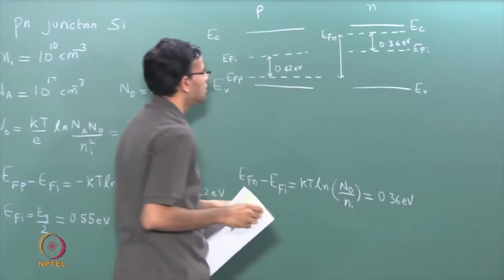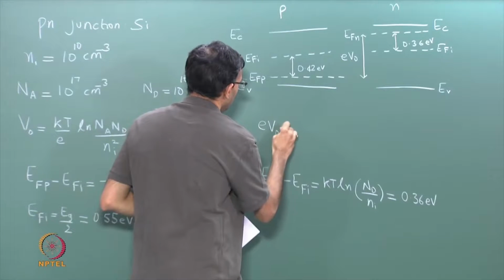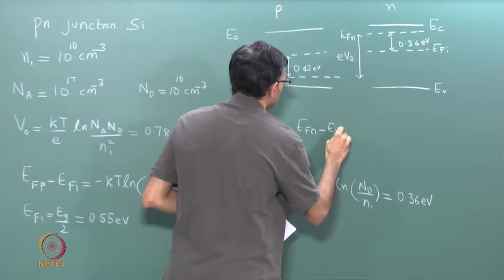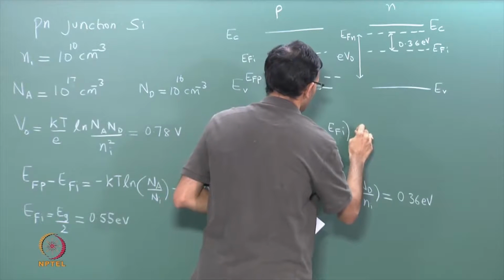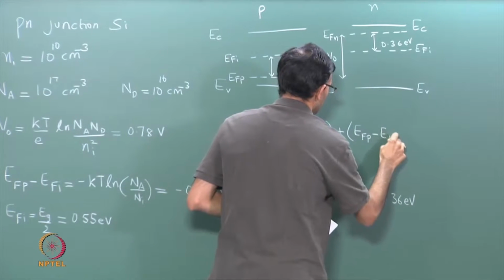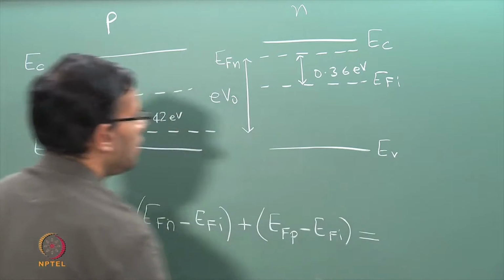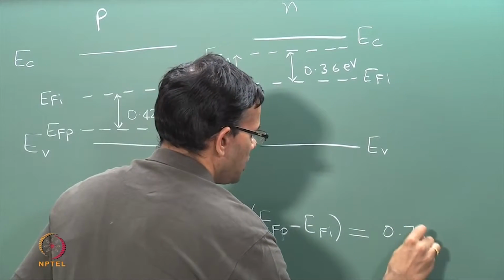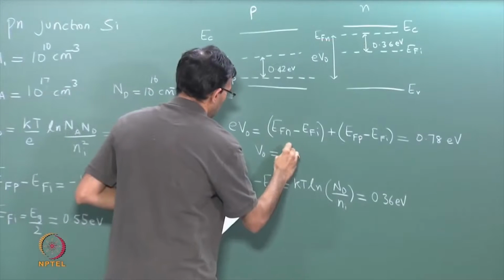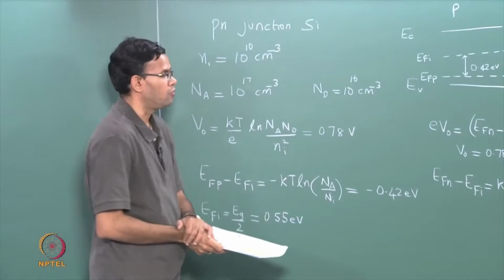So, this overall distance is nothing but my contact potential, E V naught, and if you look at it, E V naught is EFN minus EFI plus EFI minus EFP, so that this entire distance is equal to 0.78 electron volts, which gives you V naught to be 0.78 volts, which is the same value that we calculated from the formula.